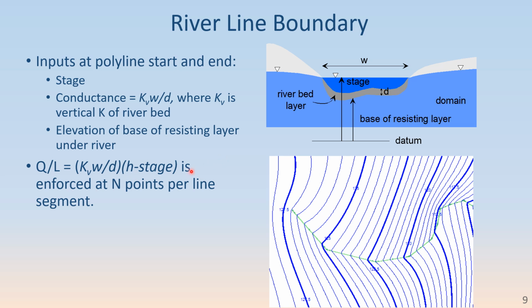The discharge per length is proportional to both that conductance factor and the head difference between the head in the aquifer, which is H, and the river stage. And that condition is enforced at n control points per line segment, where n is your parameters per line.